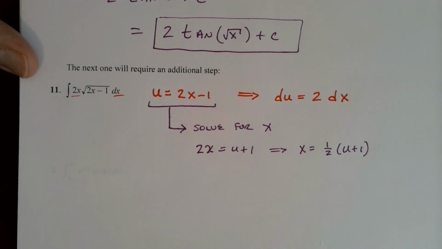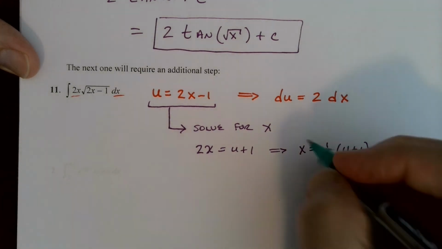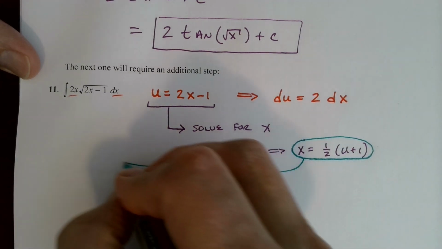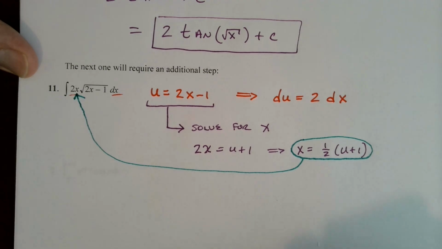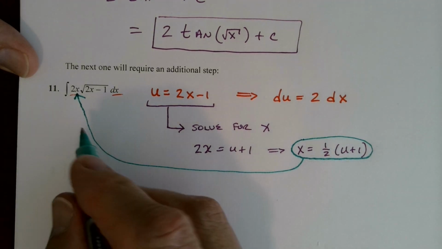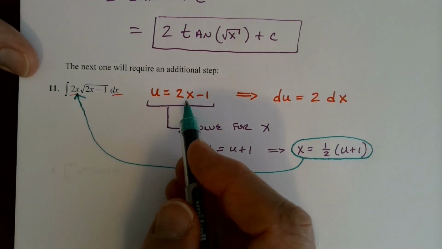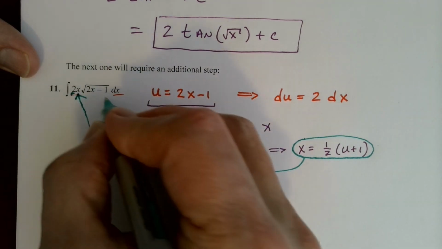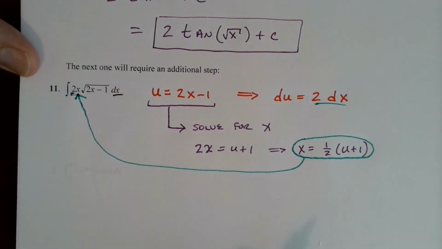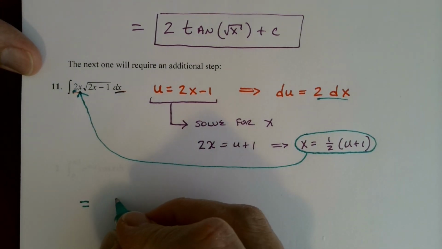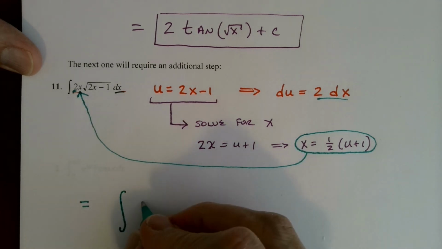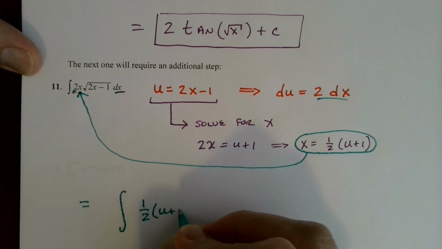And now I can take that value of x, and that value of x can go in for x here. Okay, so x is 1/2 u plus 1, so I'll let it be that, and then under here I've got the u, and then what do I have left? The 2 dx. Now 2 dx is covered there, and so my antiderivative becomes the integral of x, which is 1/2 u plus 1.